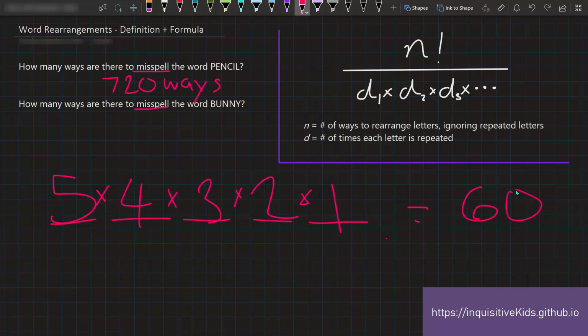But let's think about it. Is this really the correct answer? Because remember, there are 2 N's in the word bunny. If you respelled it like this, that would be one way you could misspell the word bunny. But is that really different than if you misspelled it like this?